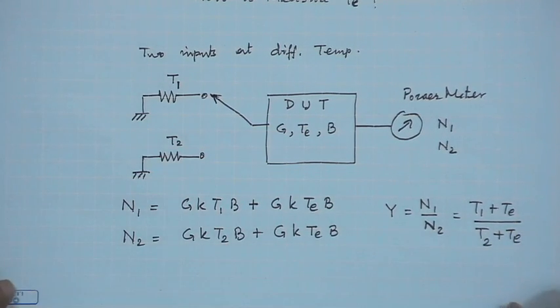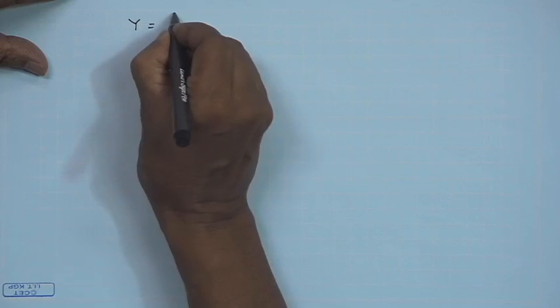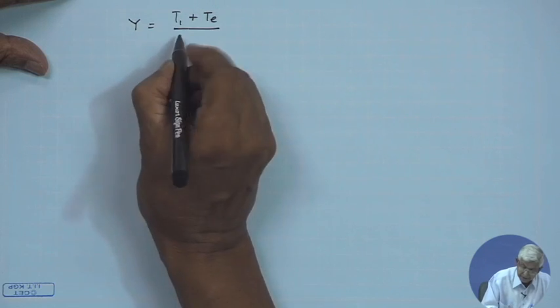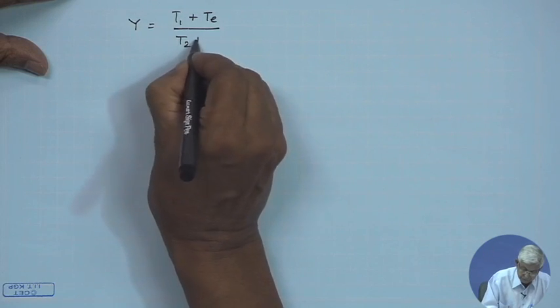From this we can find out what is Te in terms of Y. So, let us say Y is equal to T1 plus Te by T2 plus Te.